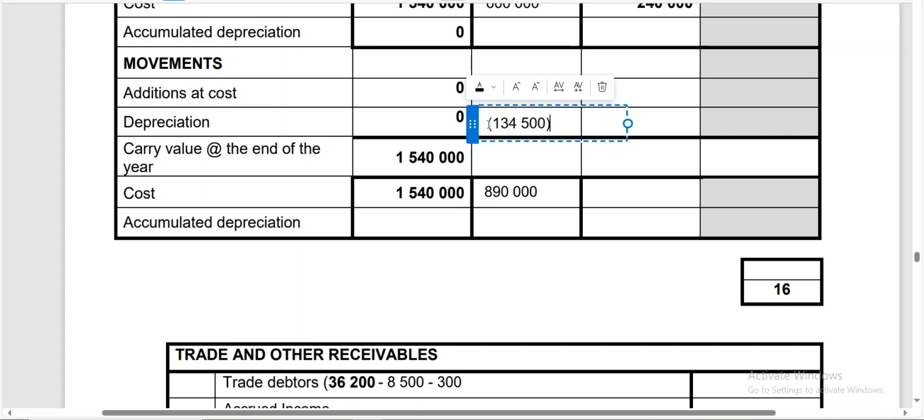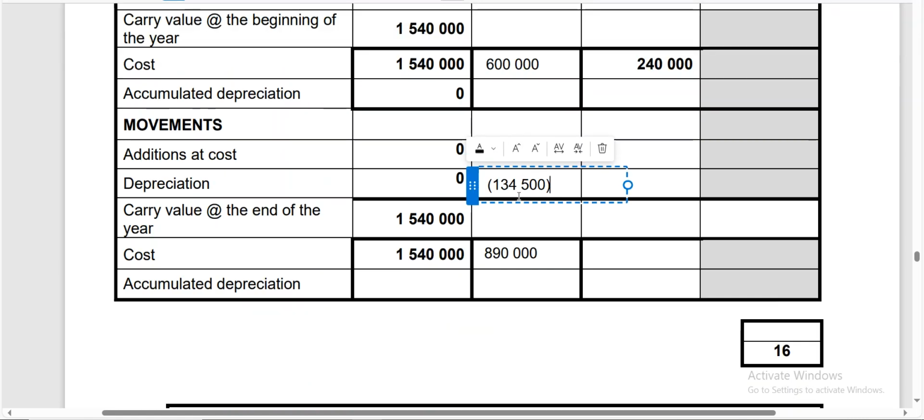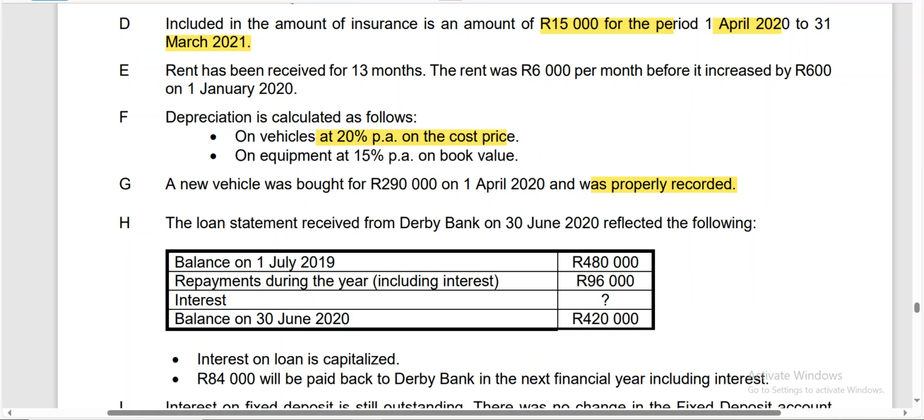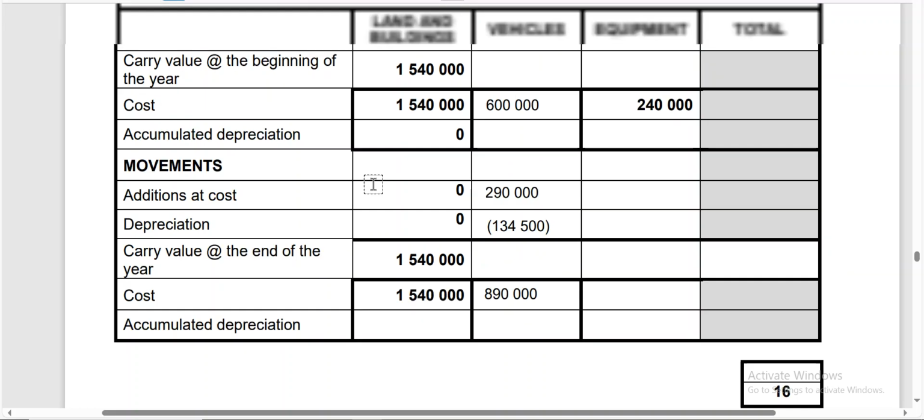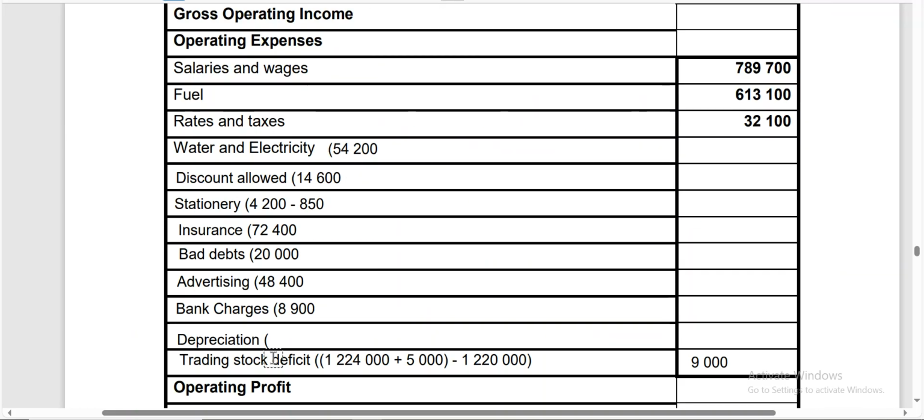So you already have marks for this, 134,500. And then from there, guys, I'm going to go to my income statement also, so that I can earn marks under depreciation. I'm going to show that 120,000 plus 14,500, and then plus whatever that we're going to get on equipment.